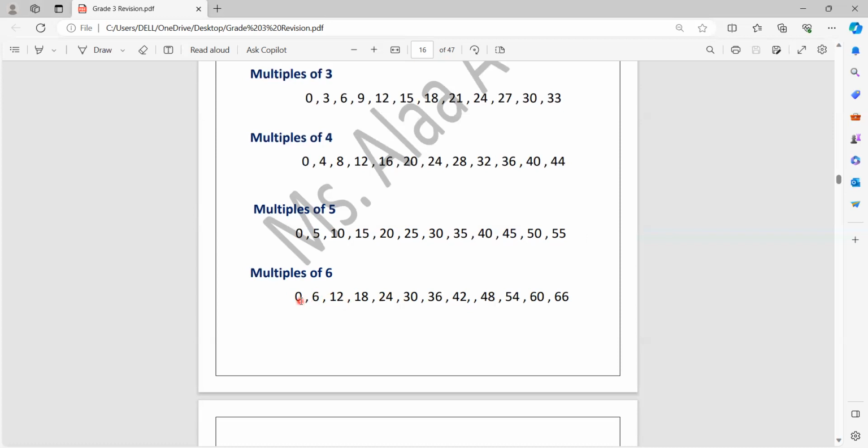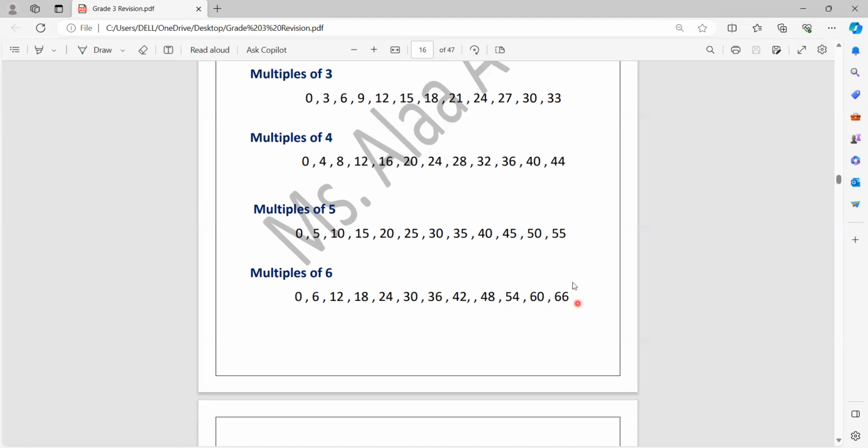So remember with me, 6 times 0 equals 0. 6 times 1, 6. 6 times 2, 12. 6 times 3, 18. 6 times 4, 24. 6 times 5, or 5 times 6, they are the same, so 30. 6 times 6, 36. 6 times 7, 42. 6 times 8, 48. 6 times 9, 54, and 6 times 10 equals 60.